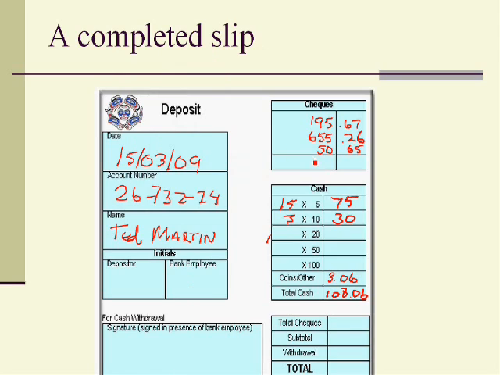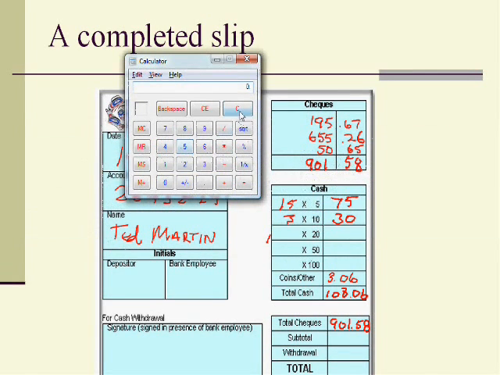And so again down here we have 901.58. So we're going to add the two of those together. So 108.06 plus 901.58 equals 1,009.64.